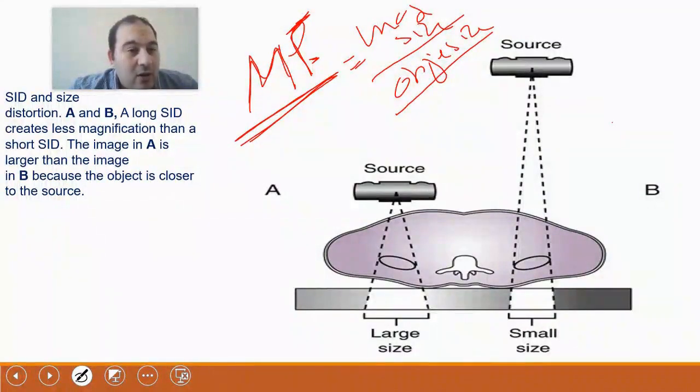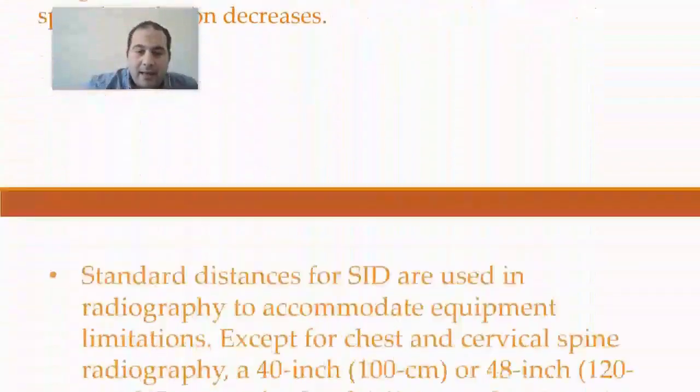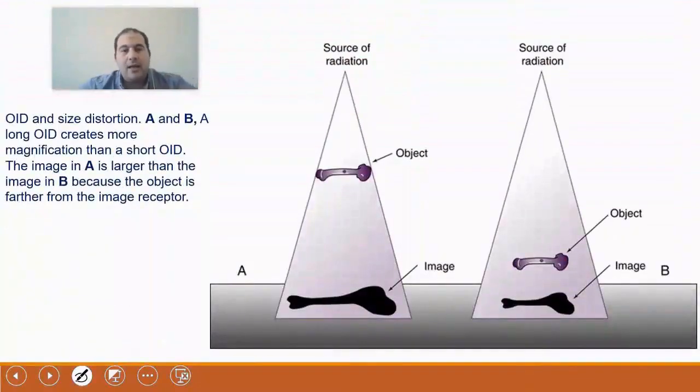The magnification that will occur will be significant. So, this is the magnification. I mentioned here the magnification factor, but it is the magnification itself. If I move my object closer to the X-ray source, I am now fixing the X-ray source. I did not move the X-ray source.